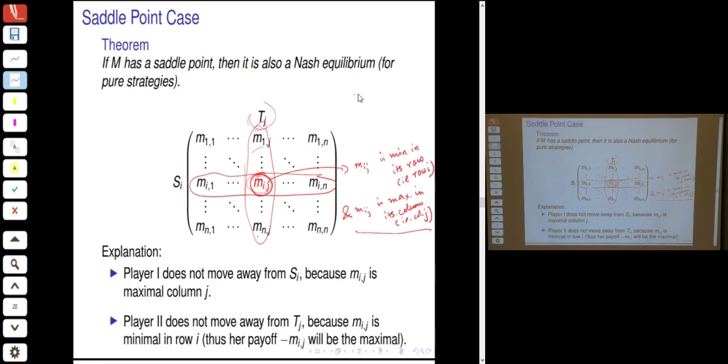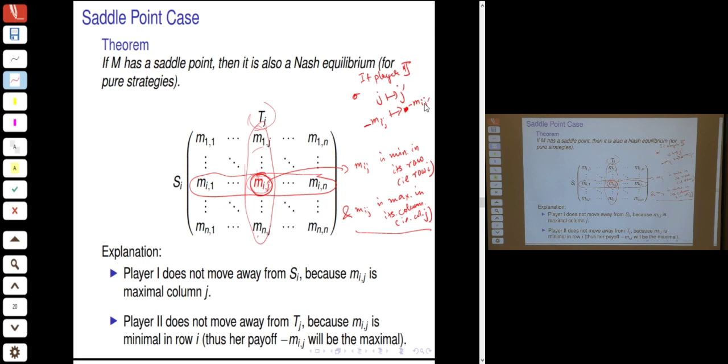So if player 2 goes from J to J prime, his payoff changes from minus Mij. Remember, Mij is the payoff for player 1. So the payoff for player 2, because it's a zero sum game, is going to be minus Mij. So it's going to change from minus Mij to minus Mij prime, right?